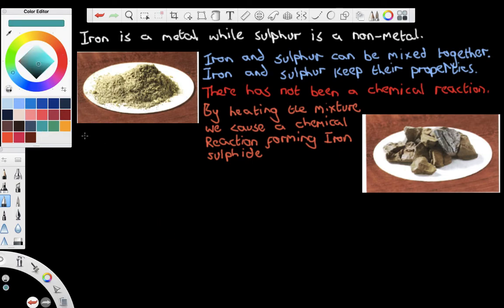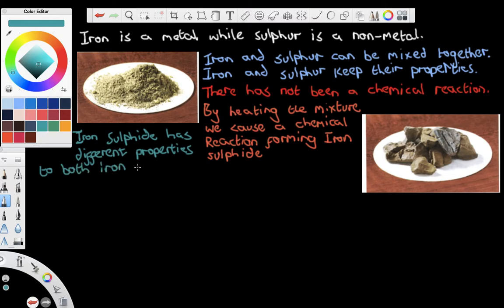So we can say over here that iron sulfide has different properties to both iron and sulfur. Okay?